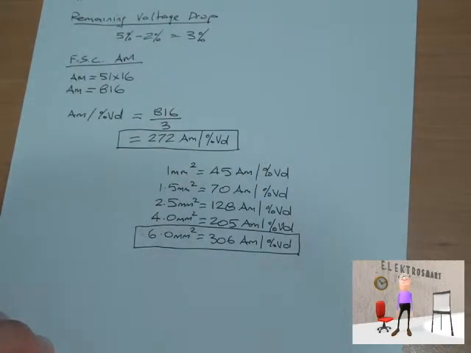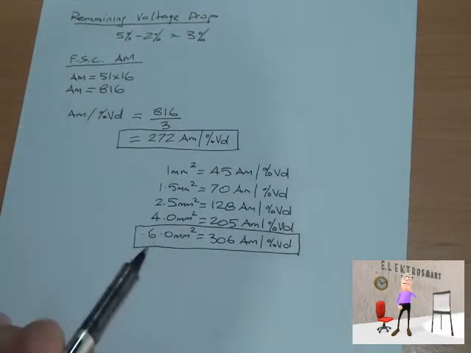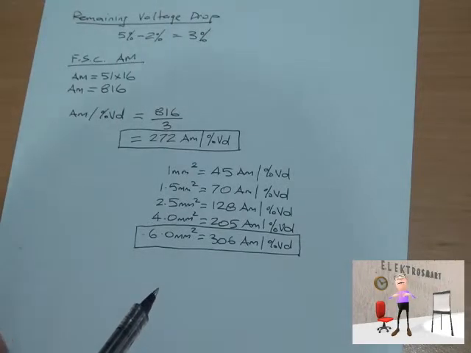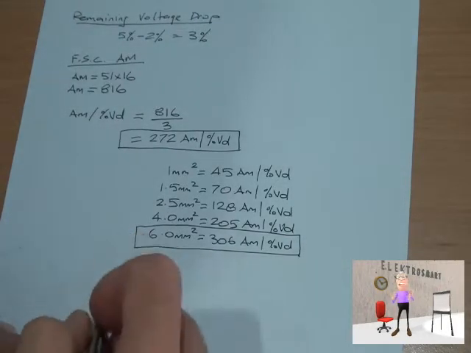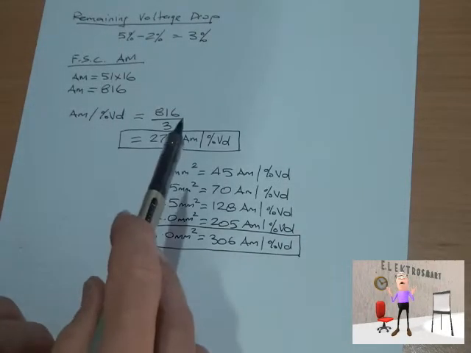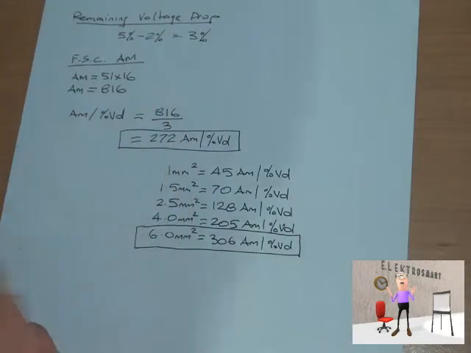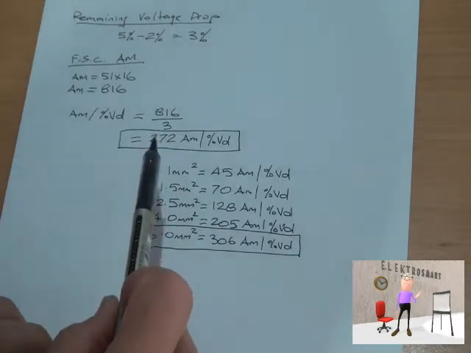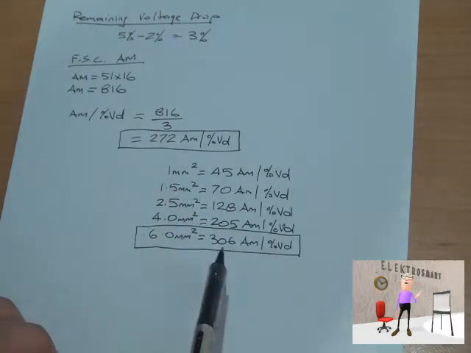So we'll work out exactly what the voltage drop will be for this 6 mil cable. To do that, we simply have to work out how much voltage drop we have available, which is 3%. We also know the value of the amp meters per percentage voltage drop for our 6 mil cable.